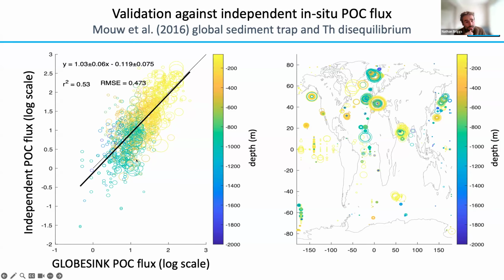So the scatter around the one-to-one line includes methodological errors in this flux estimate, but it also includes spatial and temporal differences. So first order, we have a relatively low bias across a wide range of depths and a wide range of ocean conditions, but there's still quite a lot of scatter around this line.